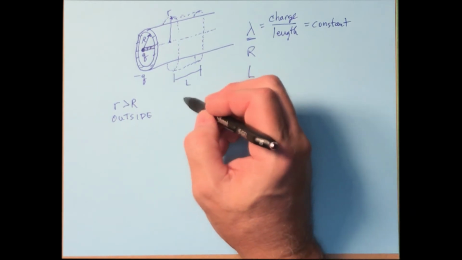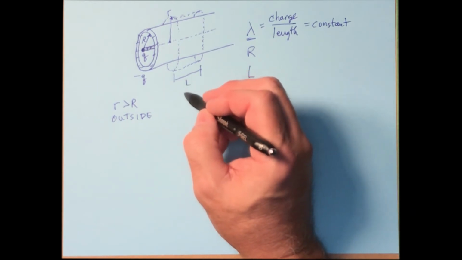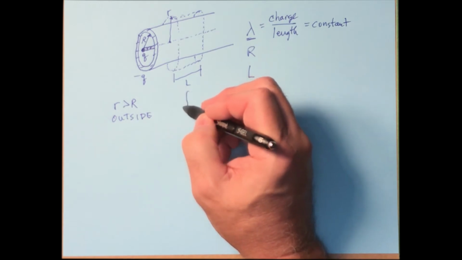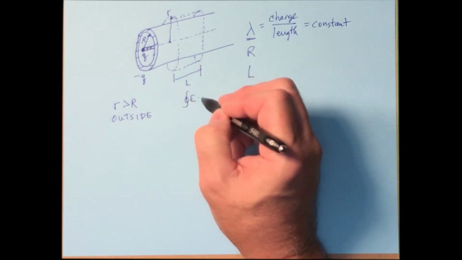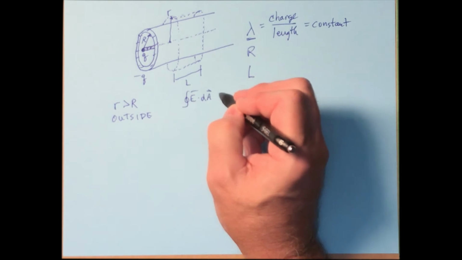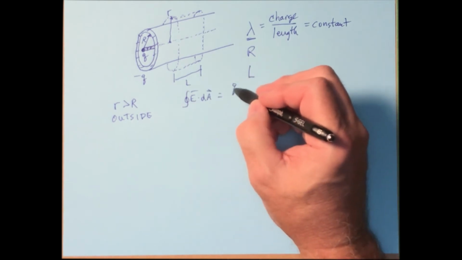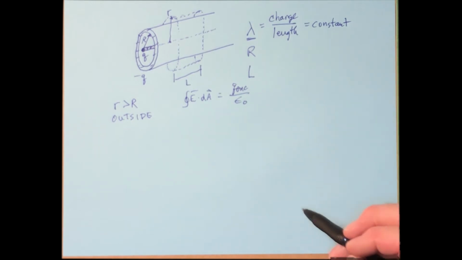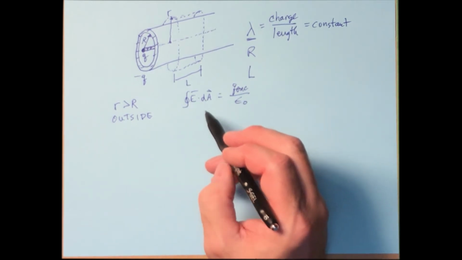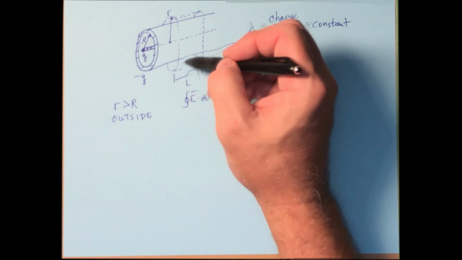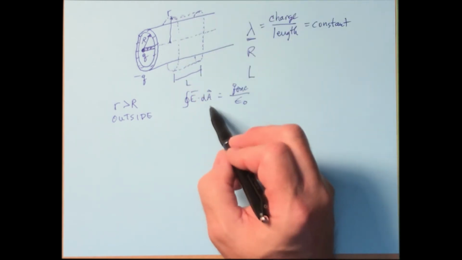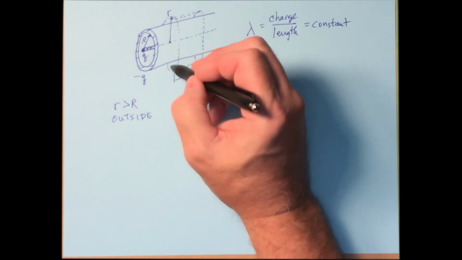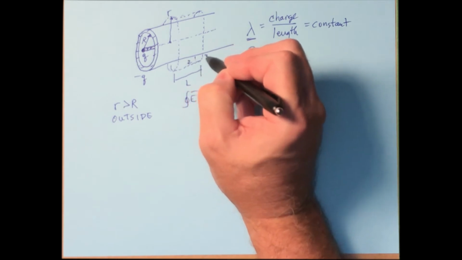Well, we'll go through the steps that should be familiar now. The closed integral of E dot dA is equal to the amount of charge enclosed divided by epsilon naught. We need to break this up into its components because we are going to use our Gaussian surface as the area. So let's call it area 1, area 2, area 3.